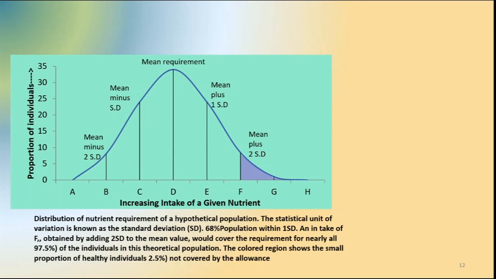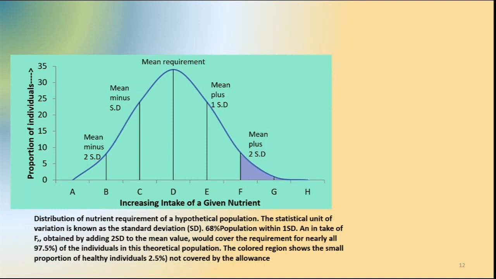Some of the animals in the herd might have their nutrient requirement less than the mean value, and in some animals their requirement might be more than D. If we formulate the diet on a mean requirement basis, then individuals from C up to E level, that is around 68% of the population, will have their nutrient requirement met.